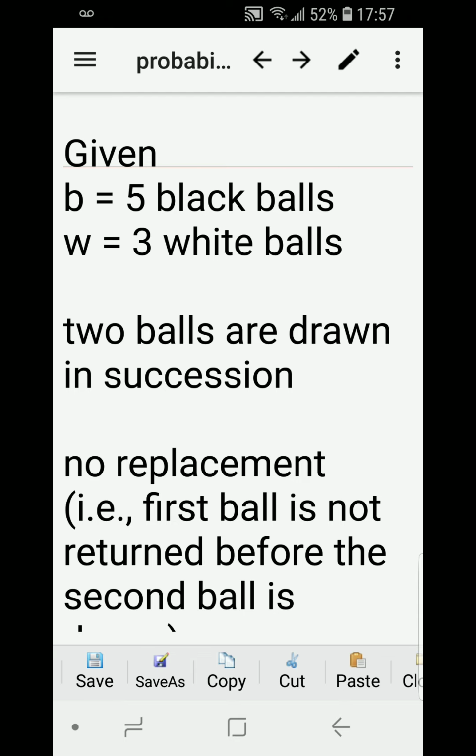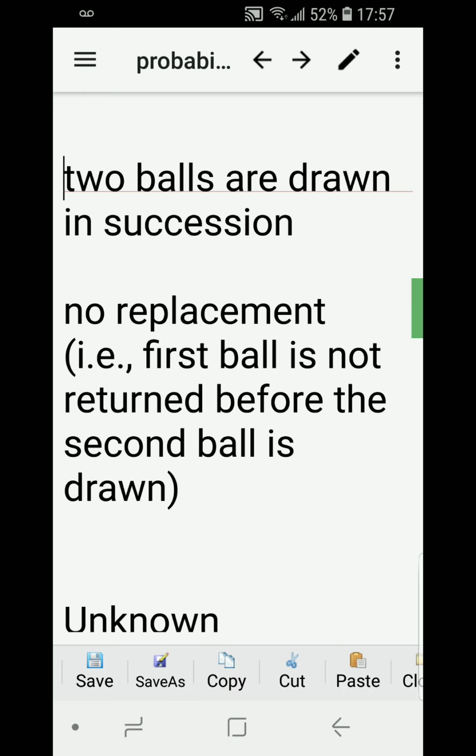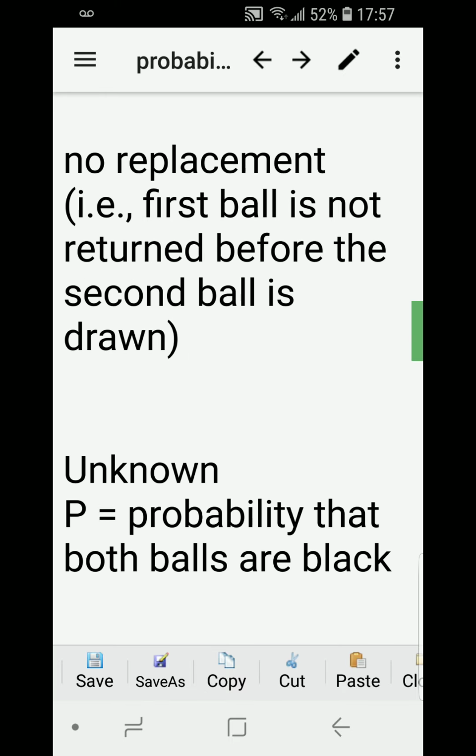Need to analyze the given. We have 5 black balls. We have 3 white balls inside the bag. Now here are the conditions. The 2 balls are drawn in succession and there is no replacement.